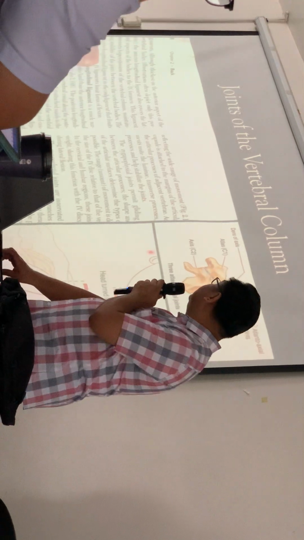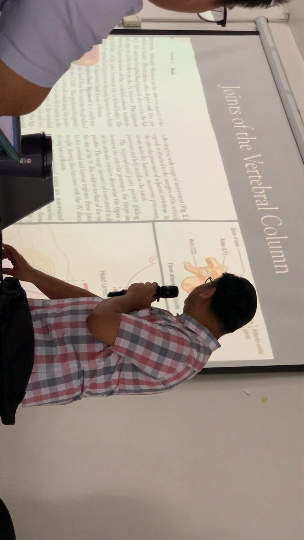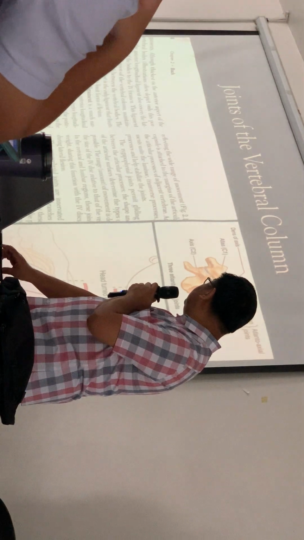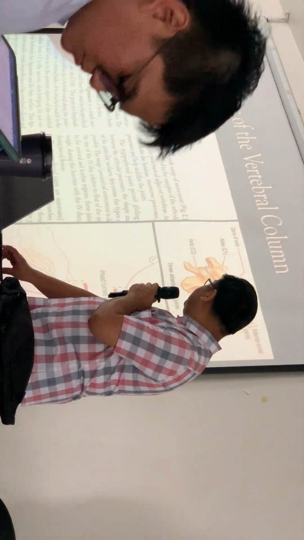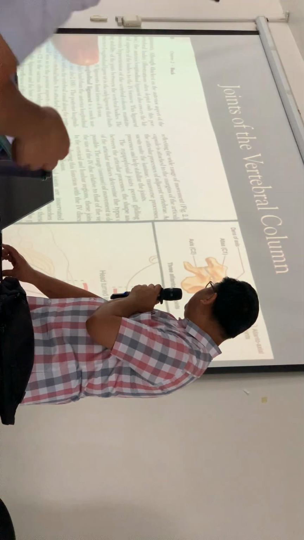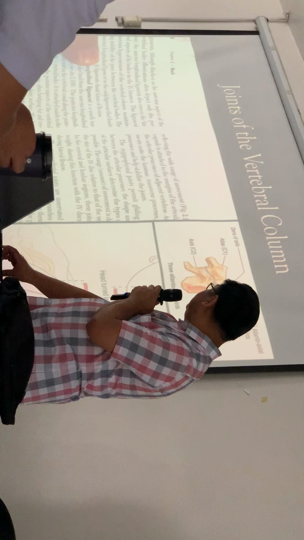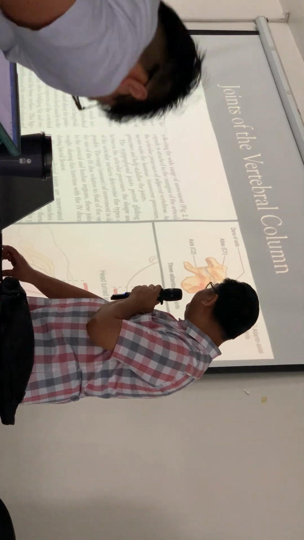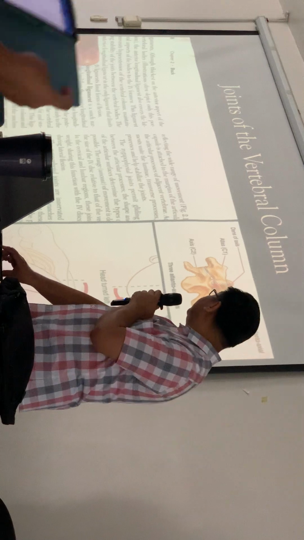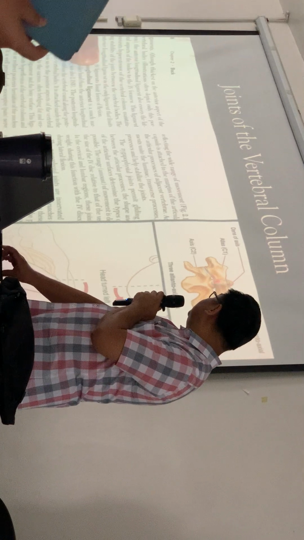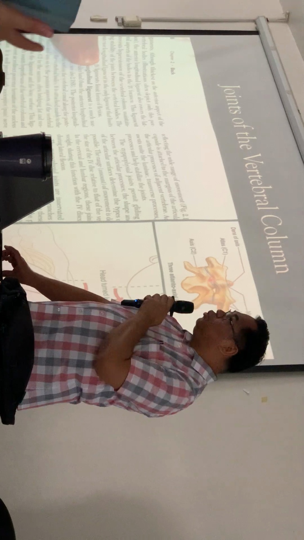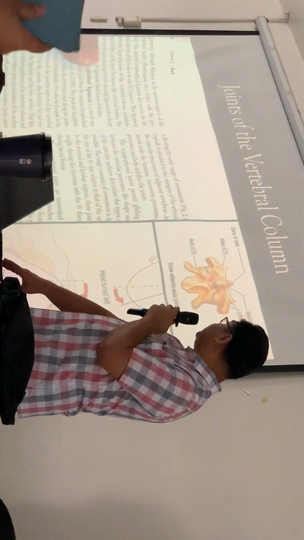So this is C1, the first cervical vertebra, and C2. So you can see that it's unique because C1 does not have a body, and C2 has a very large process called the dens. So the dens of C2 looks like a tooth, so that's why it's called the dens.